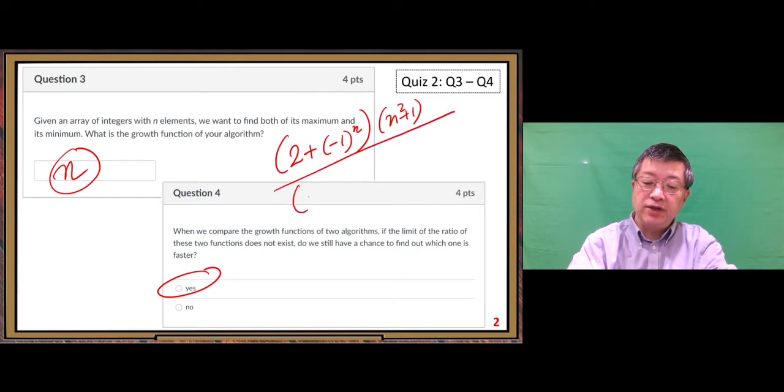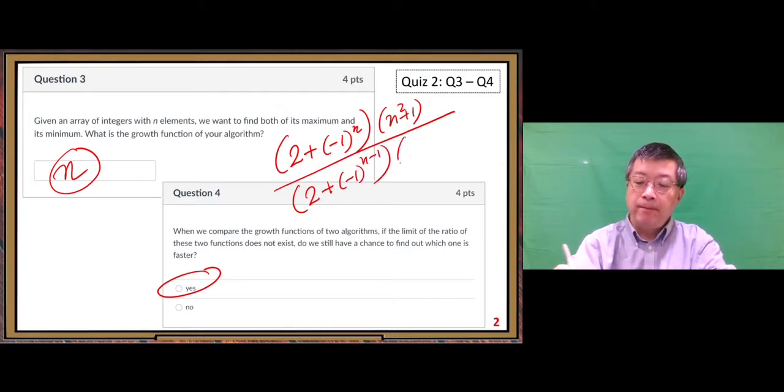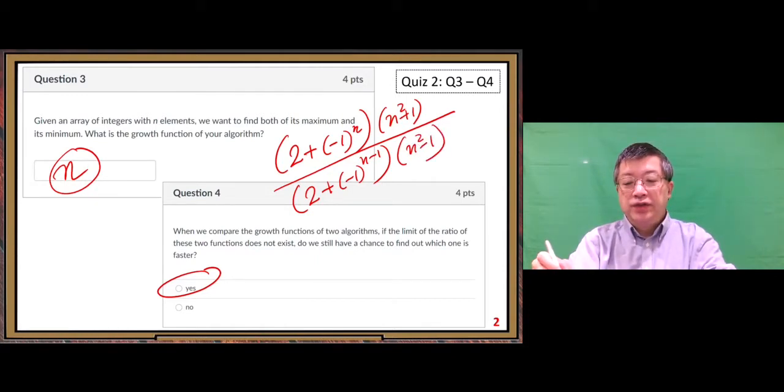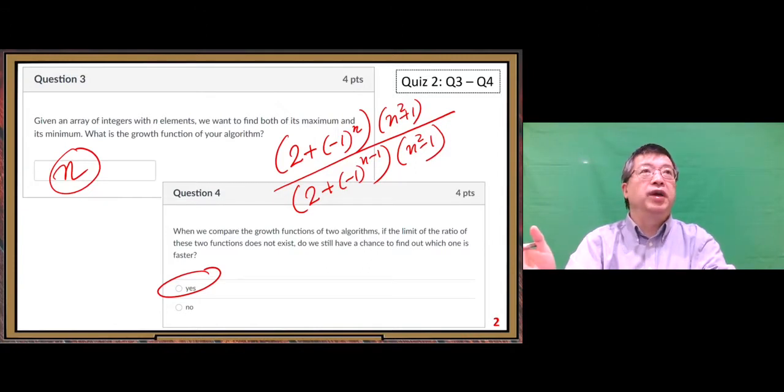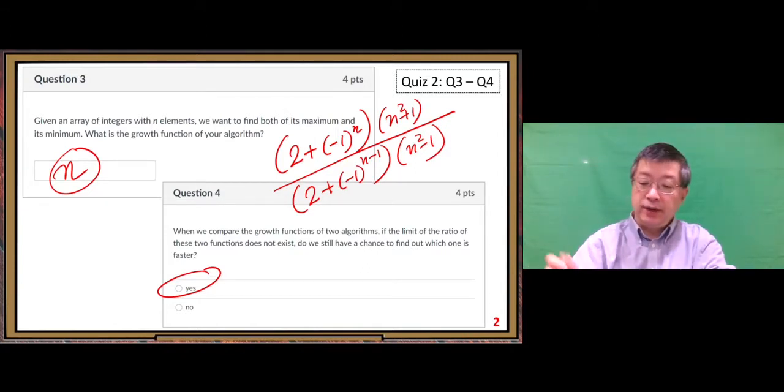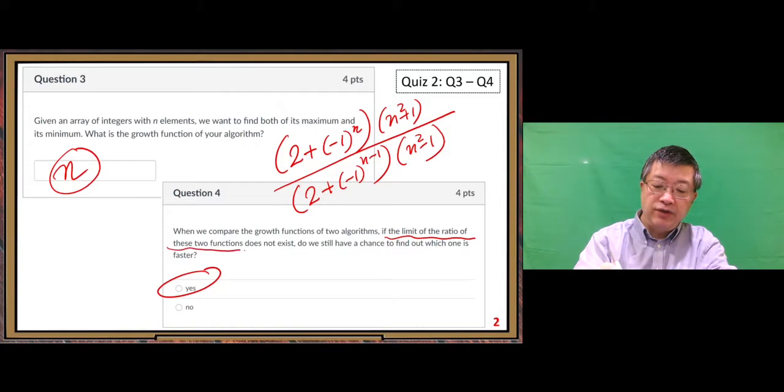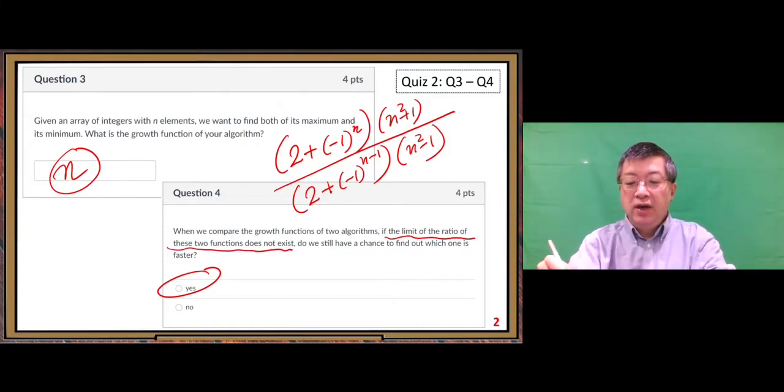Another function is n squared minus 1. So these two functions, there is no limit, right? The limit of the ratio of these two functions does not exist. But we have a chance to find which one is faster.